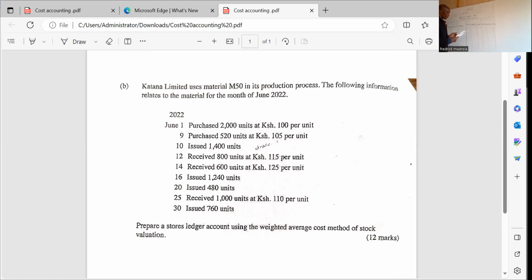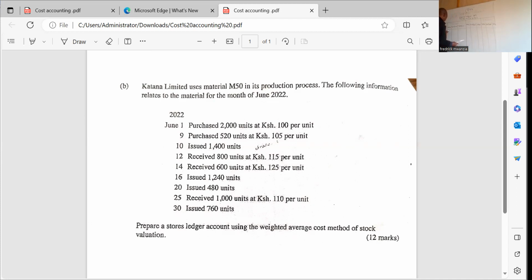The first thing that's happening is on 1st June. What is happening? Purchasing. When we are purchasing, we are receiving from the supplier. So any aspect of purchases, as far as this is concerned, is an aspect of receipt. How much are we receiving?